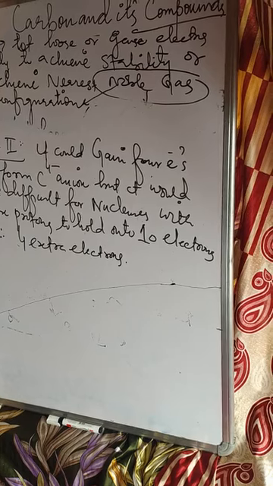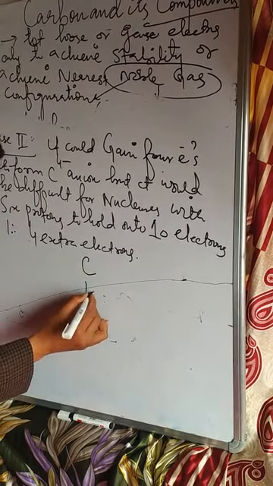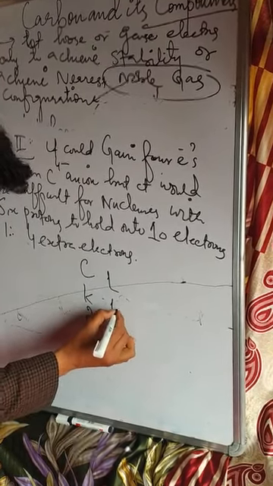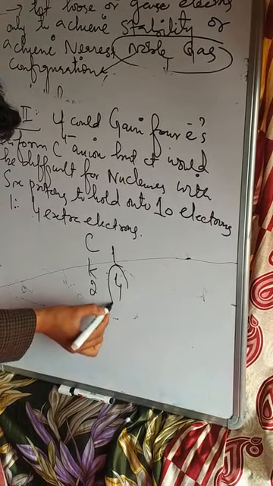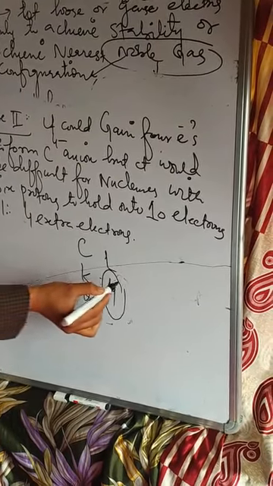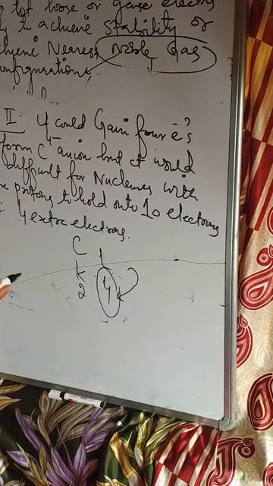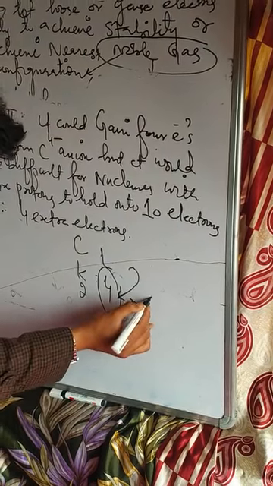In case second, as far as this carbon is concerned, in K shell it contains 2 electrons. In L shell it contains 4 electrons. I told you people that there are 2 possibilities for the carbon. Either it could lose 4 of its electrons, which I discussed, or the second case is that it could gain 4 electrons to complete its octet.